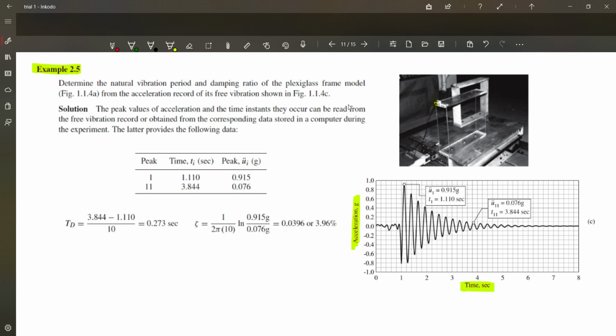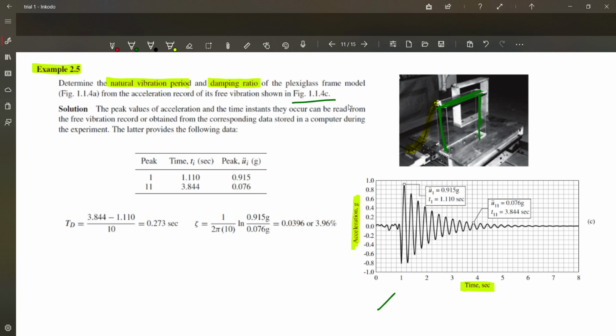As you can see, we have something here which is linked to the top of this plexiglass, and everything is recorded here. The example is: determine the natural vibration period and damping ratio of the plexiglass frame model, from the acceleration record of its free vibration shown in this figure.